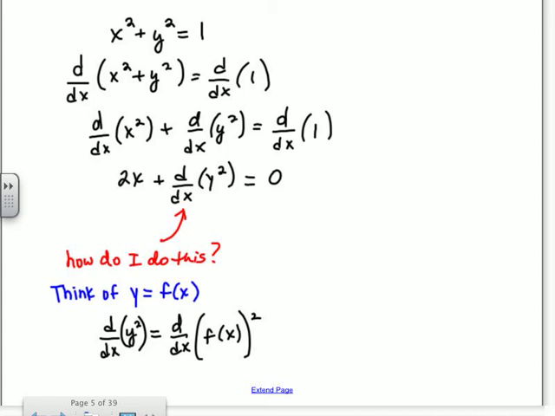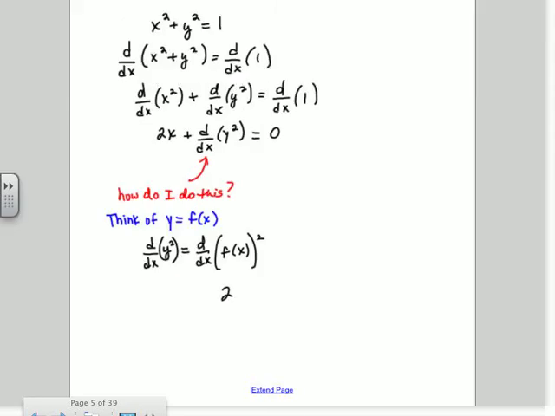How do I do that right side? How do I take the derivative of something with all x's squared? Close. It's 2 of f of x to the first, and then what? That's right, times f prime of x. Do you guys see that? Yep, so use the chain rule.